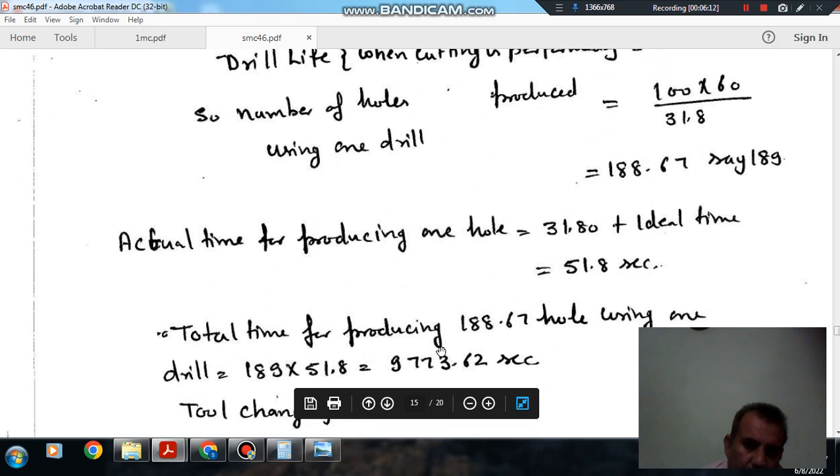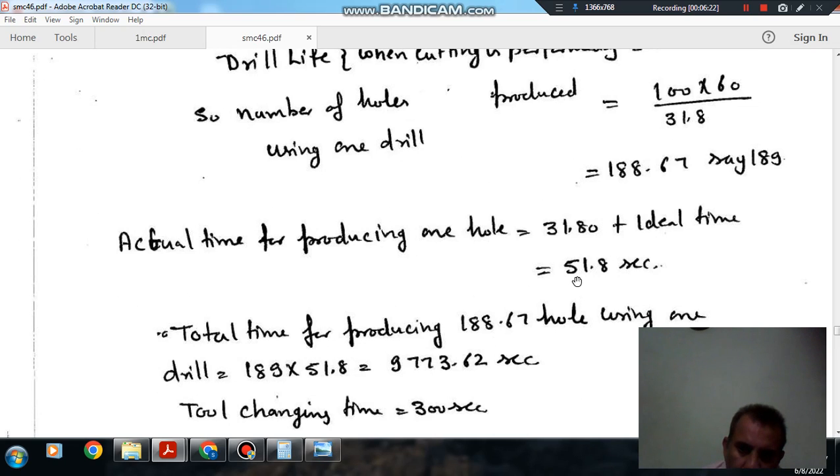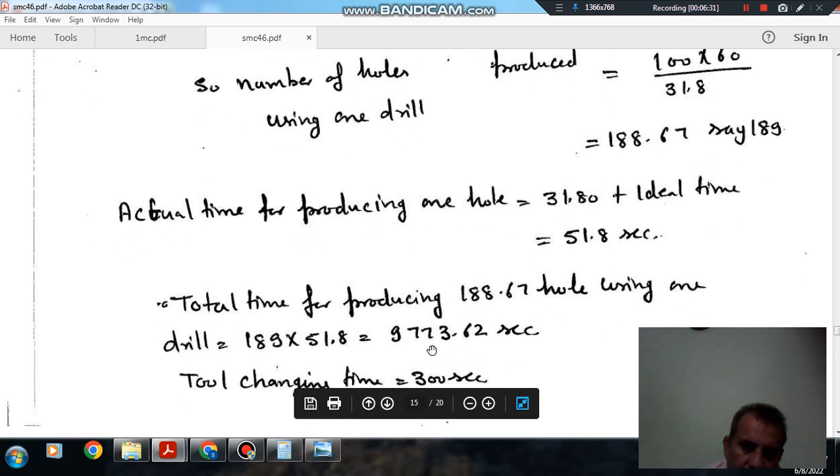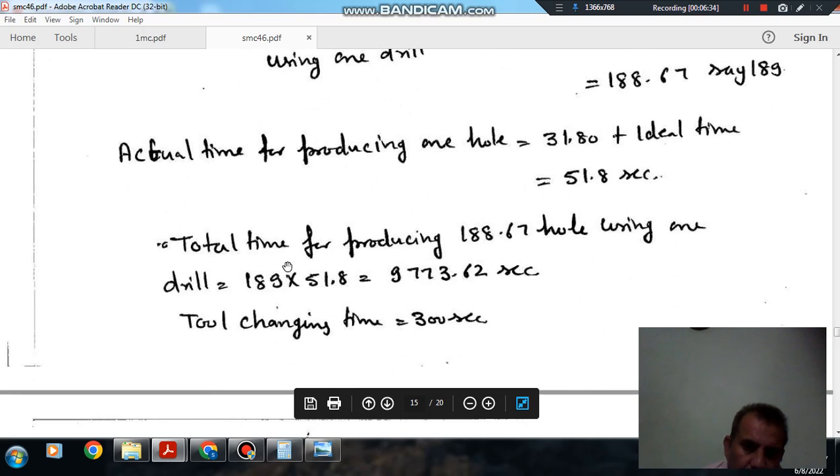So the total time for producing 189 holes using one drill is 189 into 51.8, that is 9773.62 seconds.